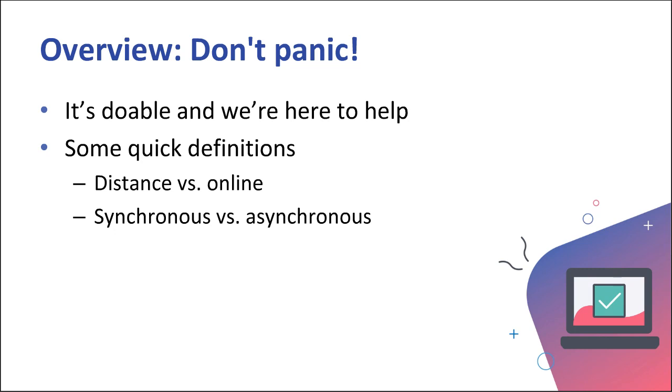And when we teach online, we're going to want to use both of these formats to our advantage. So we're not limited to only using one. If you're developing an online course, you don't have to decide between developing an online synchronous course or an online asynchronous course. You can do both within your teaching.